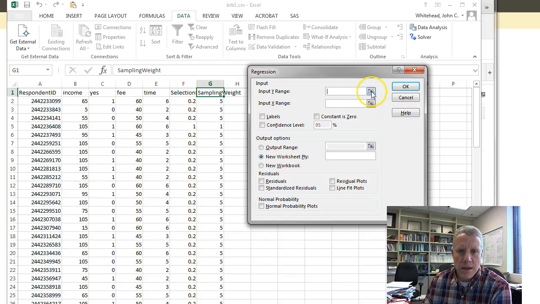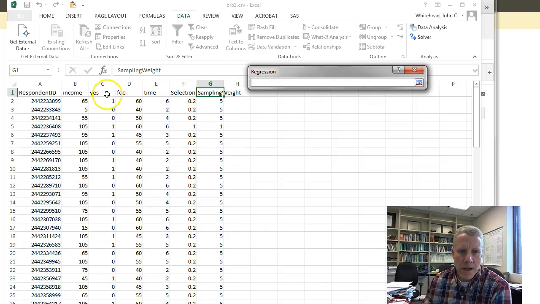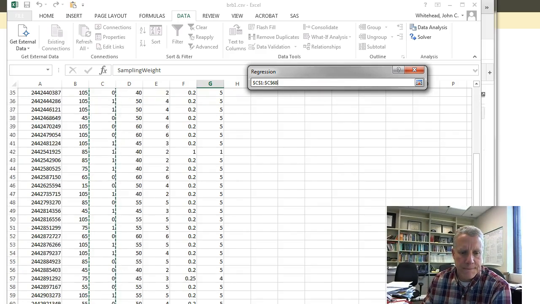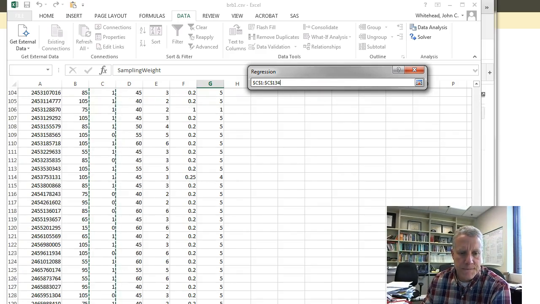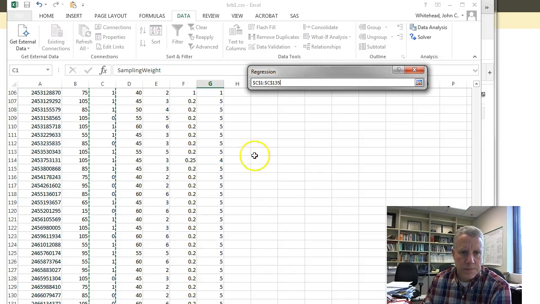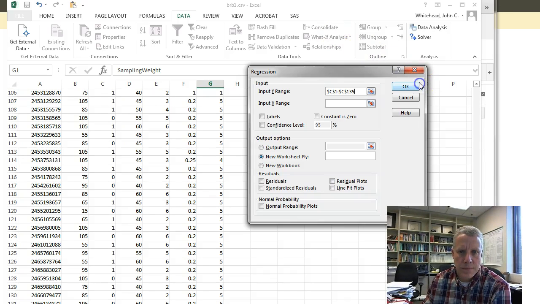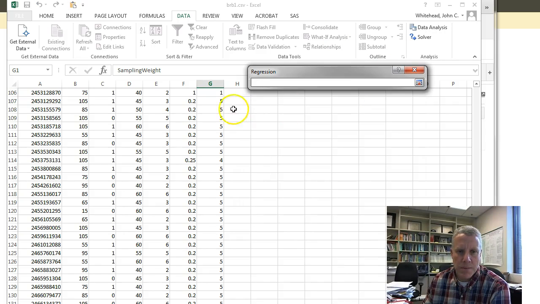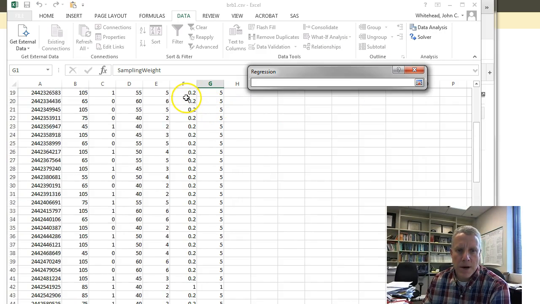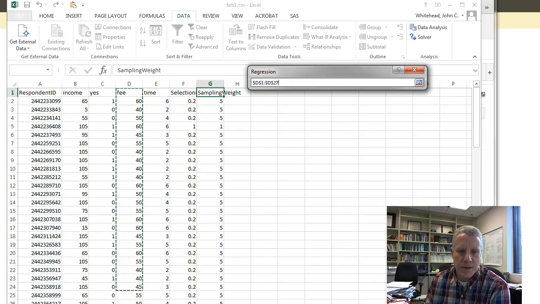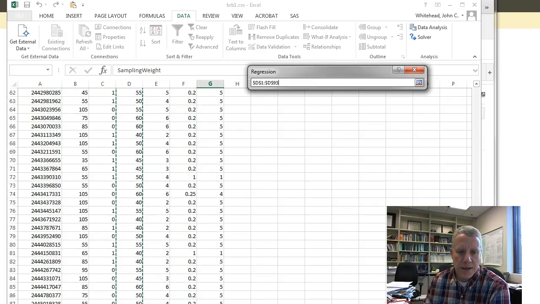So we're going to input the Y range. I'm just going to highlight the entire column of data. And I'm going to input my X range, which is my primary independent variable, which in this case is the registration fee.